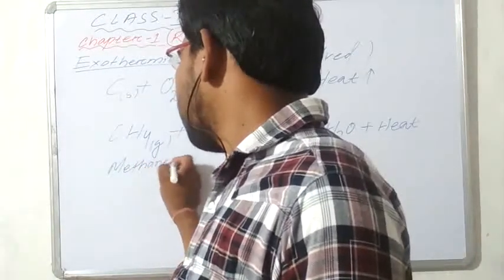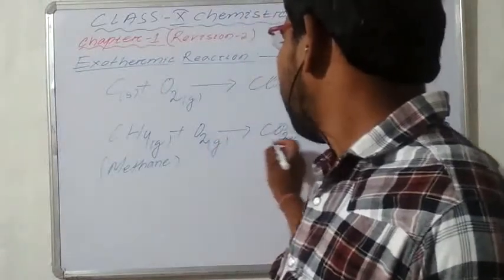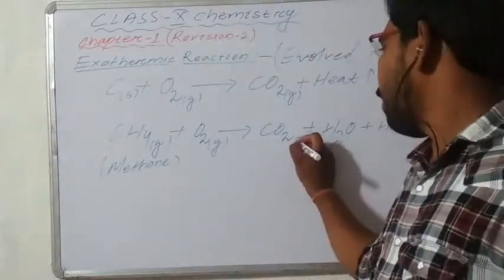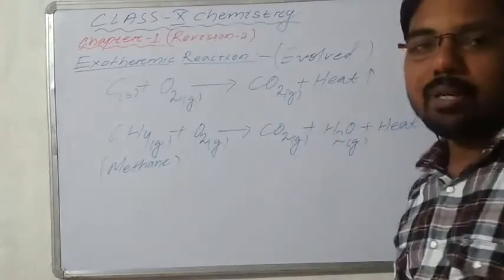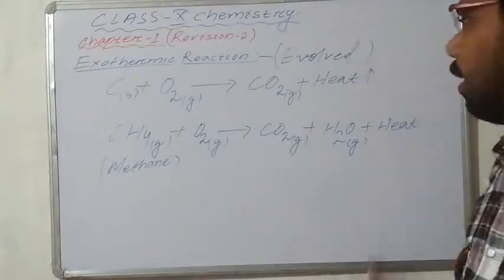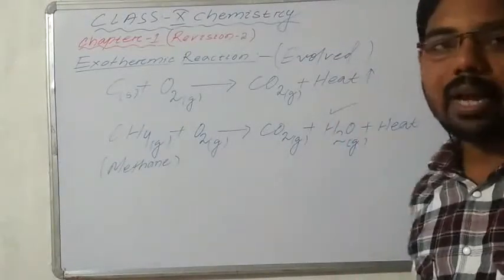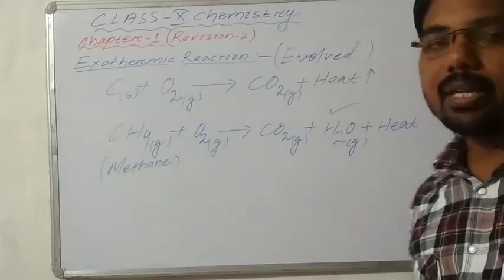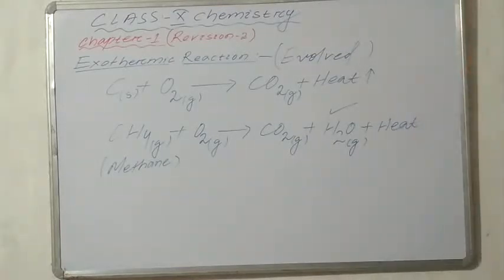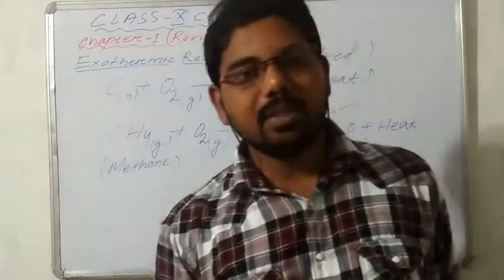This methane gas burns in the presence of oxygen gas, and carbon dioxide gas and water vapor are produced, and some heat energy is also released. So this is also one example of exothermic reactions. There are many examples of exothermic reactions. Exothermic reaction means heat energy will be released.